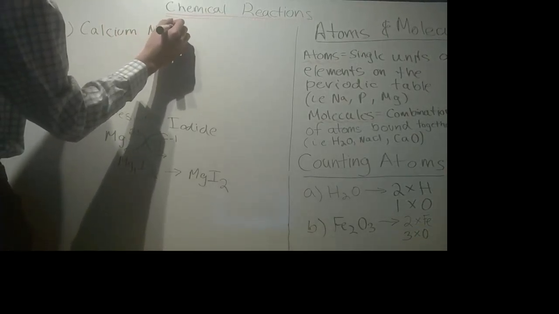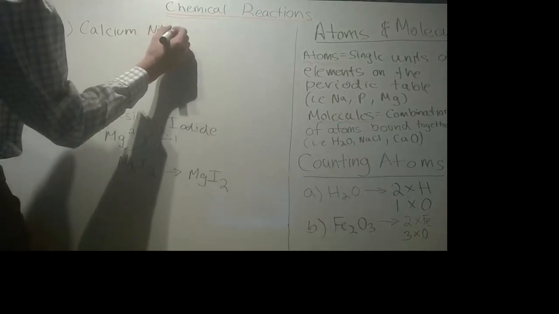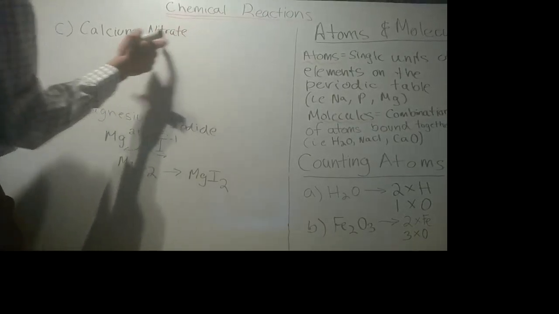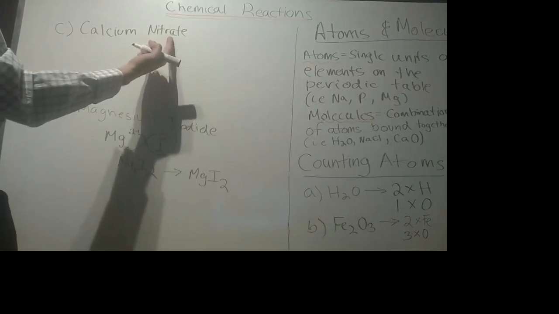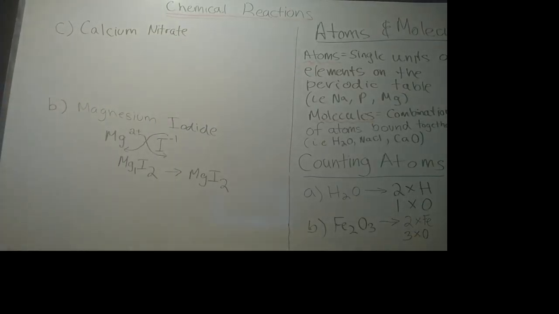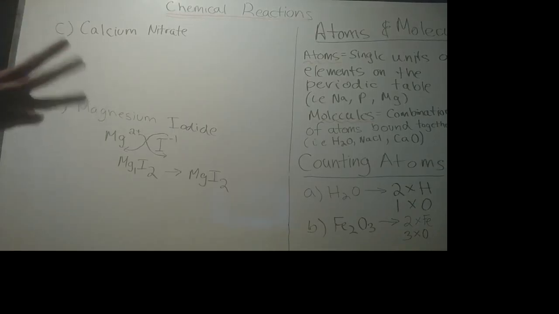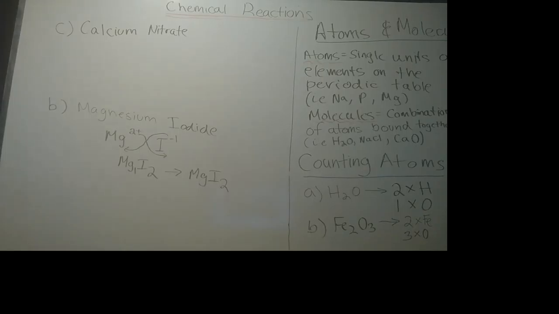Whenever the suffix of the second part of the chemical ends in -ate, that implies that there's more than just 2 types of atoms. Instead, there are going to be 3 types of atoms. So in this case, the third type of atom is always going to be oxygen.